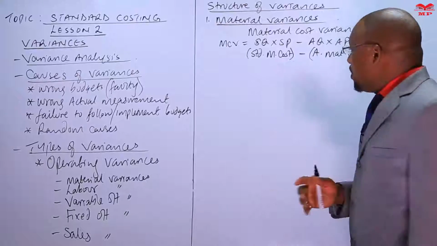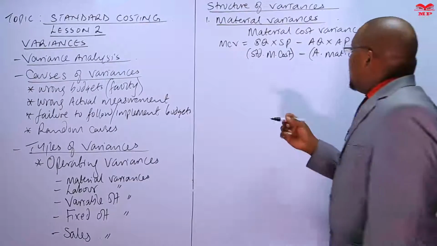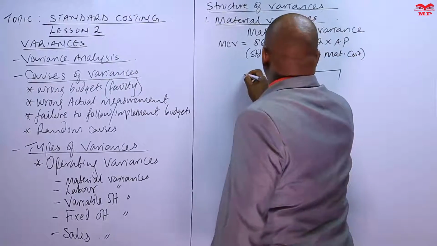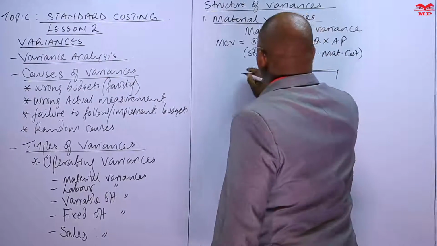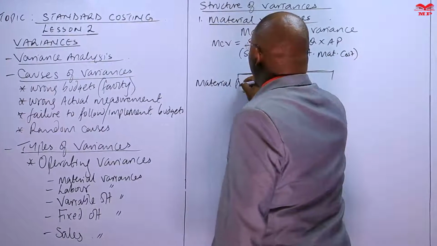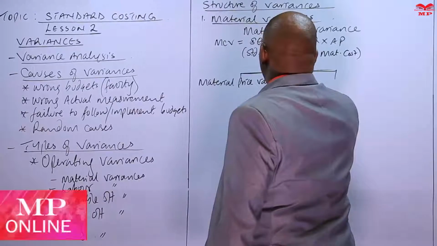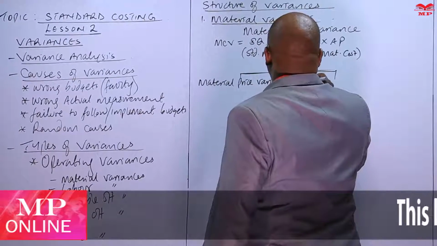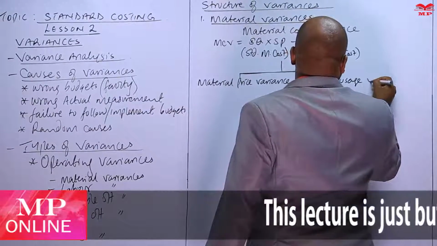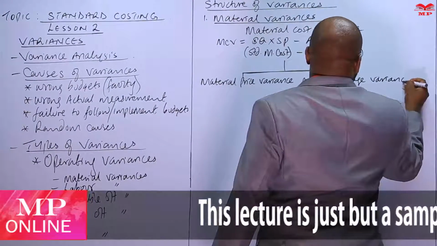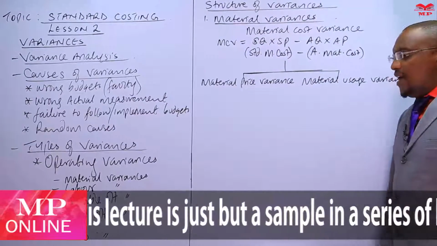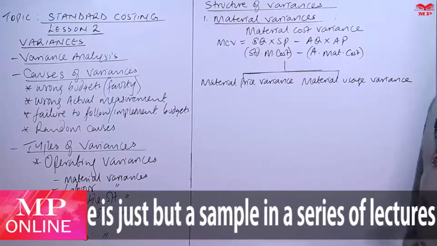And then we compare the actual material cost. Then this can be broken down and explained in form of these two variances. We have the material price variance, and we have the material usage variance. The material price variance and the material usage variance.